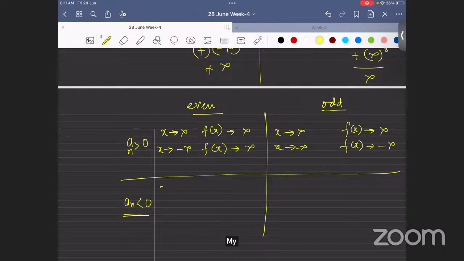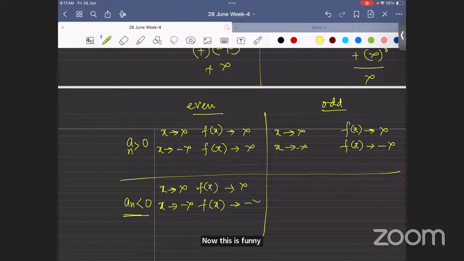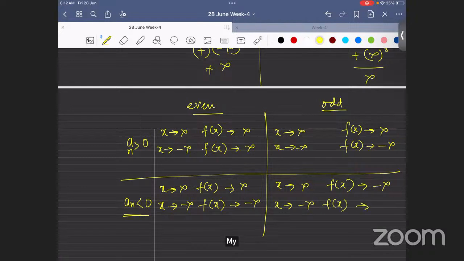And now the same condition, x tending to infinity, what should be the value? Minus infinity. Similarly here, when x is tending to minus infinity, the function will tend to infinity. So these are all the conditions that you can get.